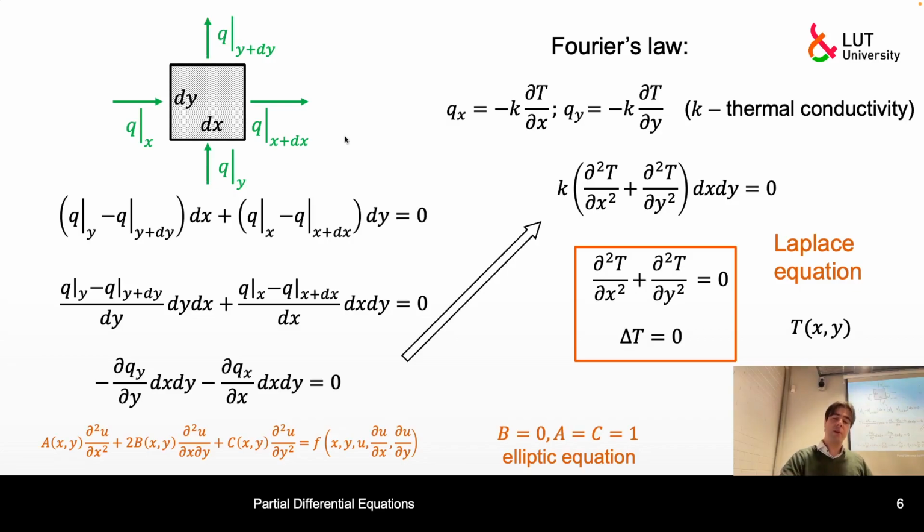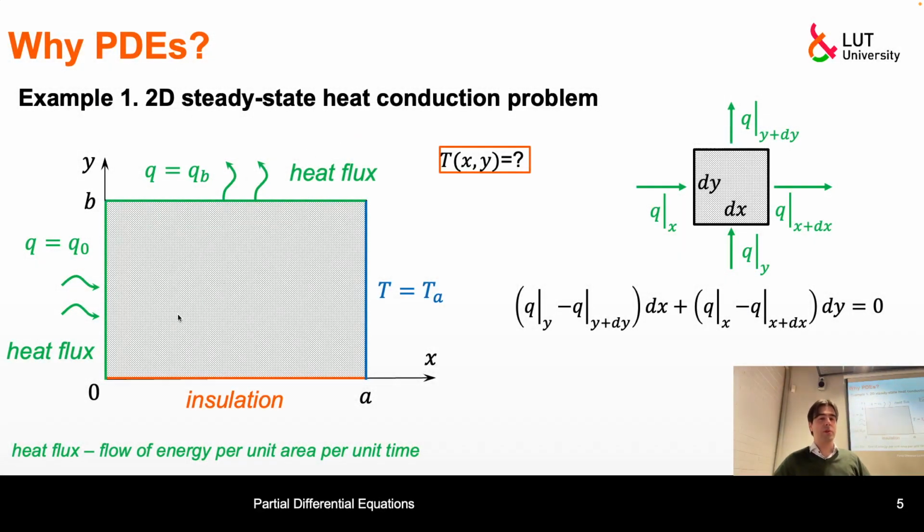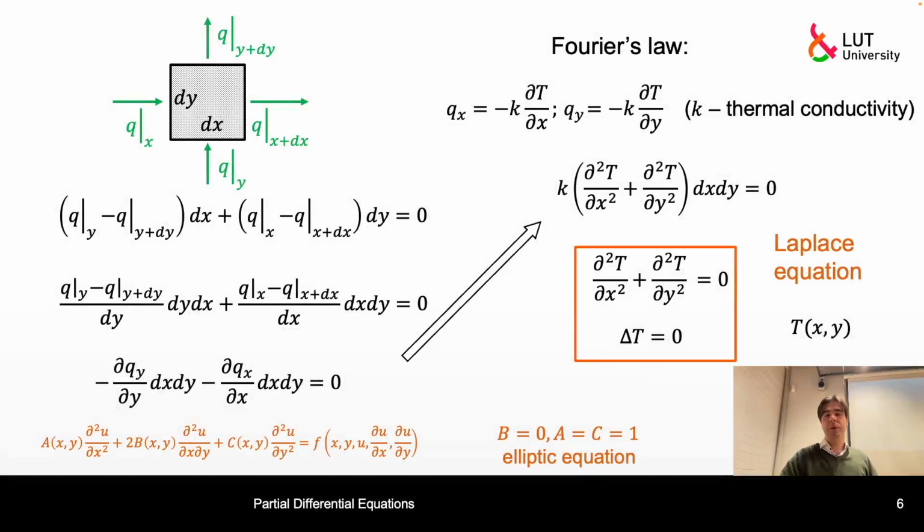And in this particular problem, that would refer to the situation when there is some internal heat generation. It might be due to different reasons, might be due to chemical reaction, might be due to Joule heat generation because of electrical current passing through that structure, or other things. Then we would have something else in the right-hand side, and we would not be able to omit this thermal conductivity.